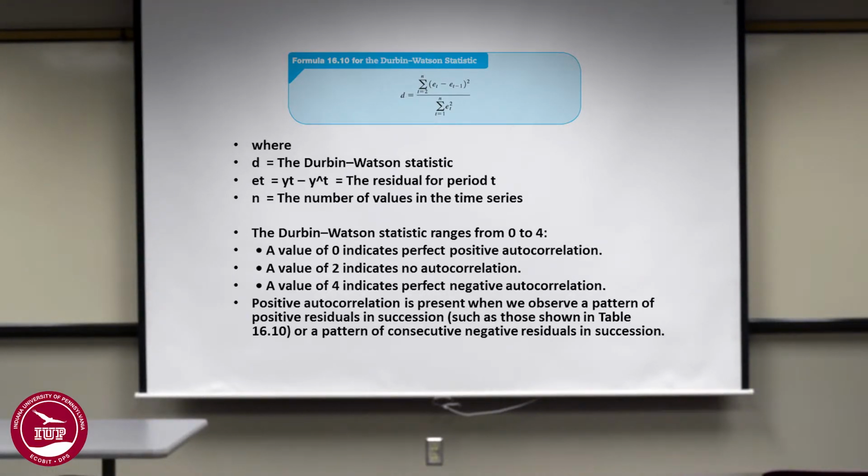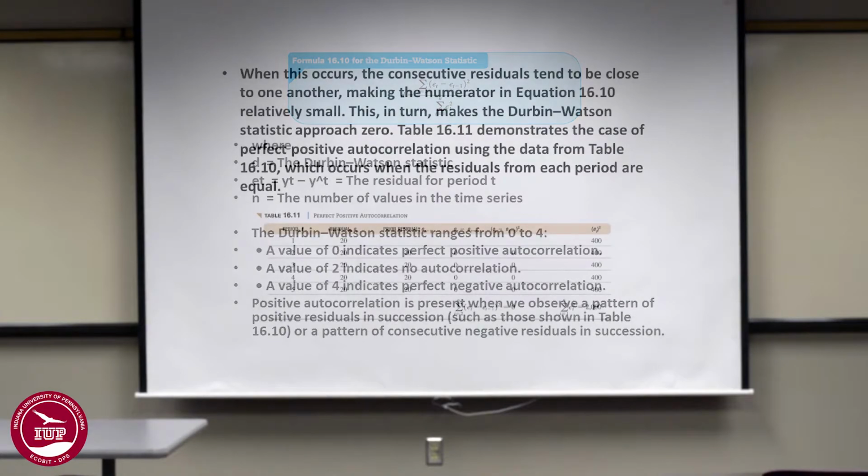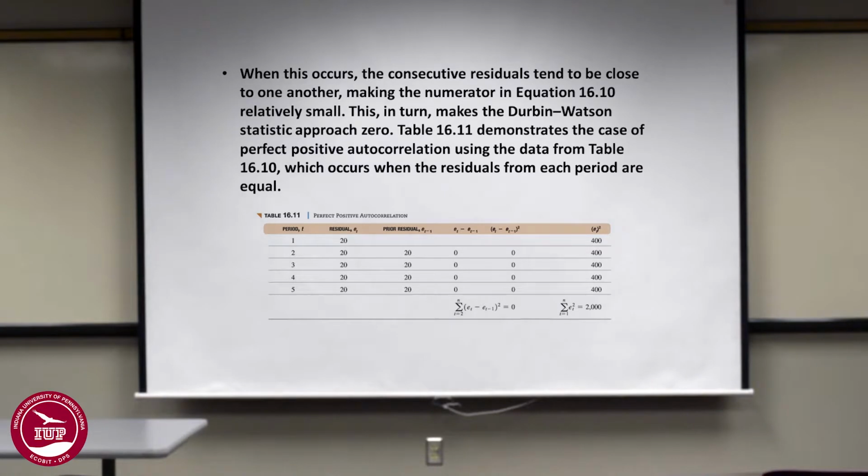Positive autocorrelation is present when we observe a pattern of positive residuals in succession, such as those shown in table 16.10, or a pattern of consecutive negative residuals in succession. When these occur, the consecutive residuals tend to be close to one another, making the numerator in equation 16.10 relatively small.